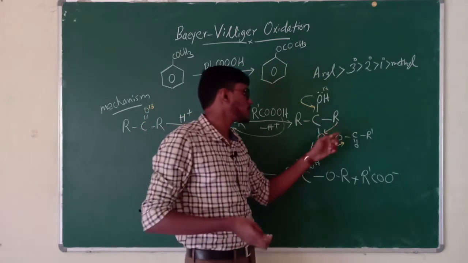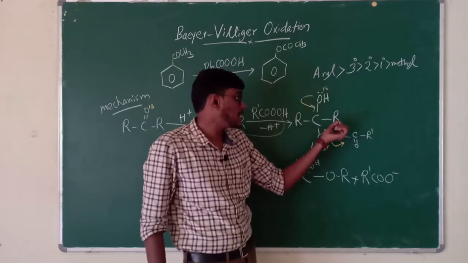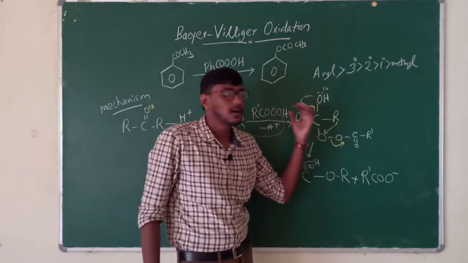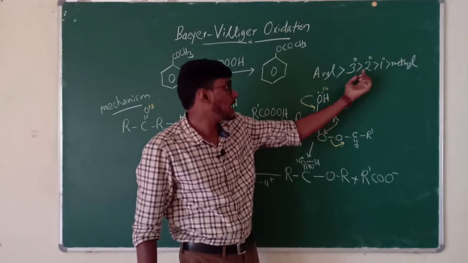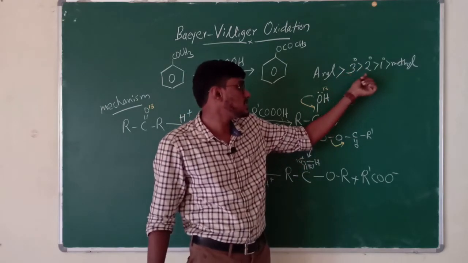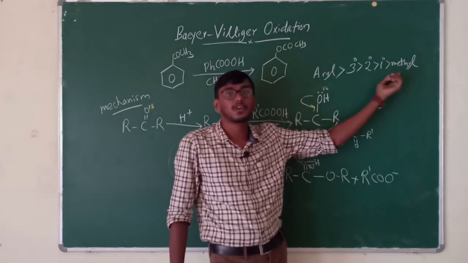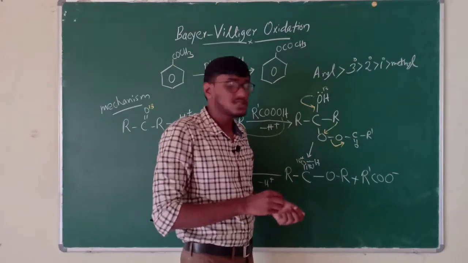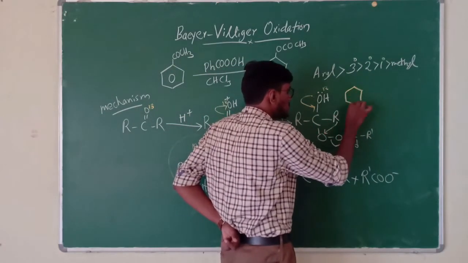Aryl has more migrating tendency than tertiary, then secondary, then primary, and lastly methyl has the least tendency to migrate.